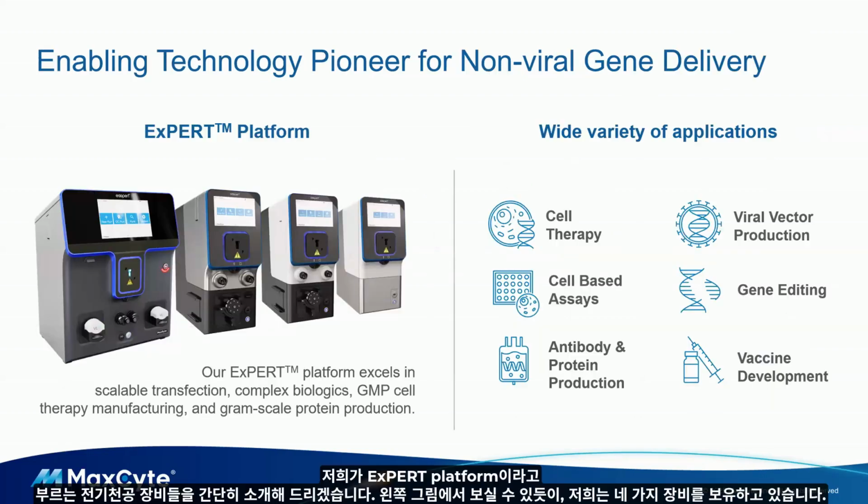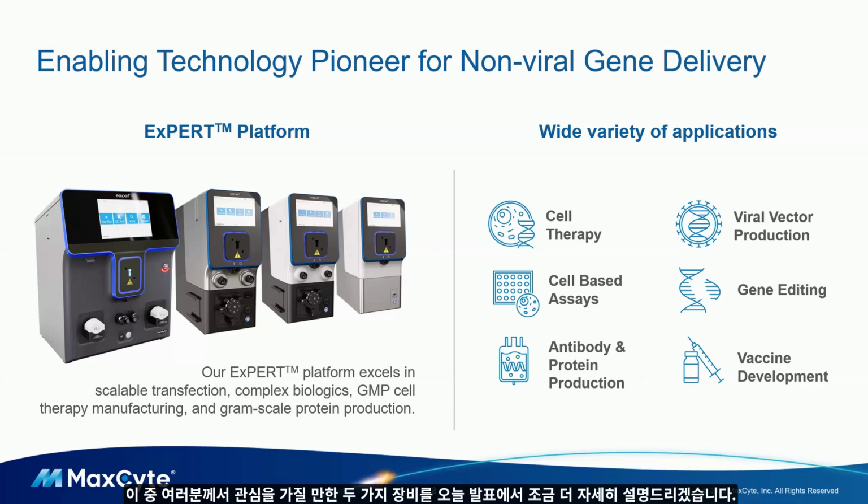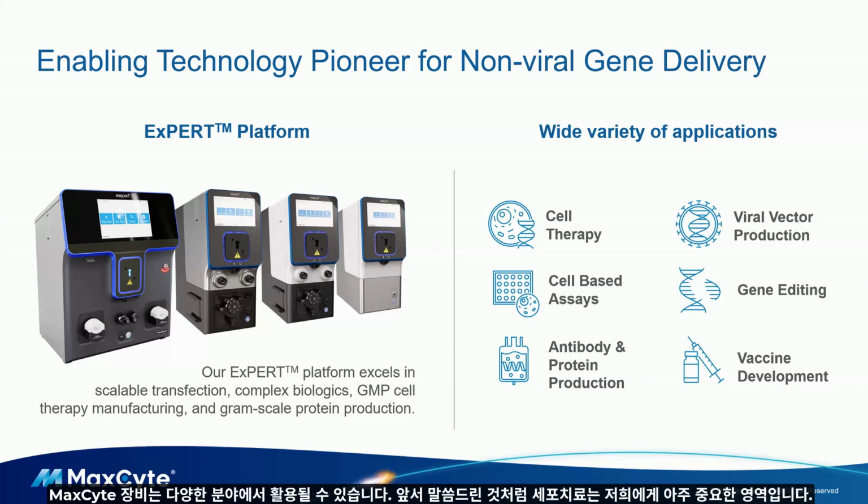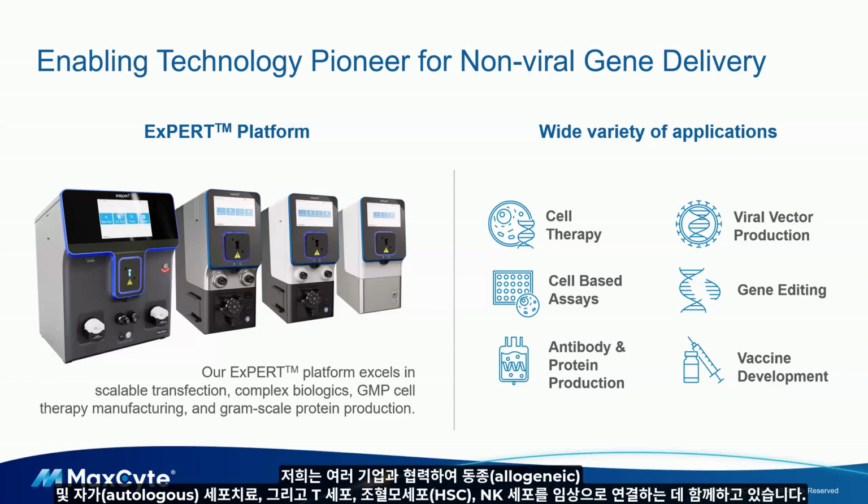Going over our ExPERT platform, which is what we call our electroporation instruments. As you can see in the image on the left, we have 4 different instruments of different scales and use cases. I'll go over the 2 that you may be interested in after this presentation. We have a wide variety of application areas. For example, like I mentioned before, cell therapy is very big for us. We're involved with a lot of different companies getting allogeneic and autologous therapies in T cells, HSCs, and NK cells into the clinic.